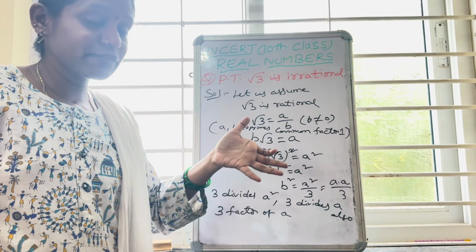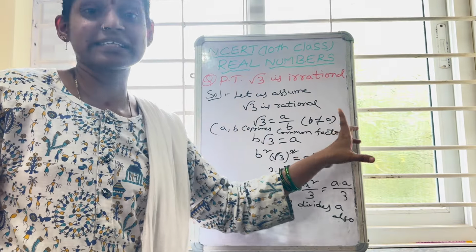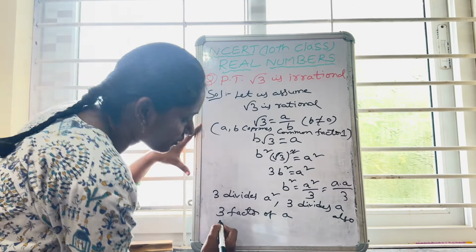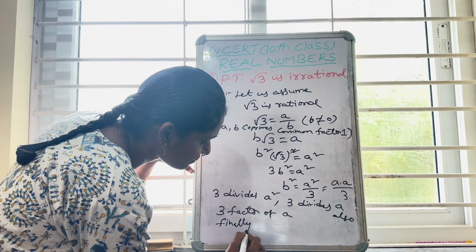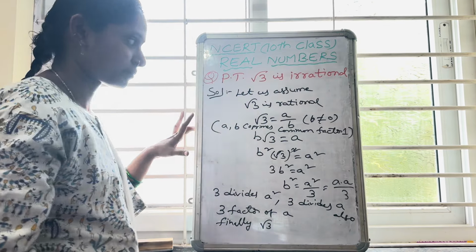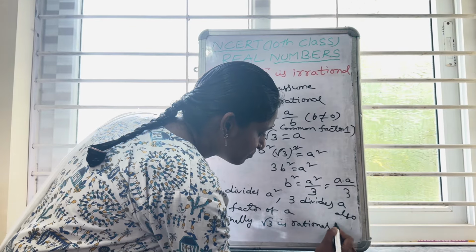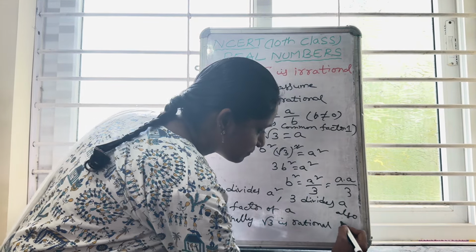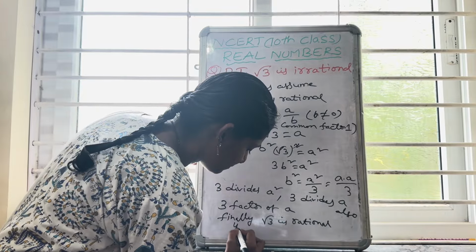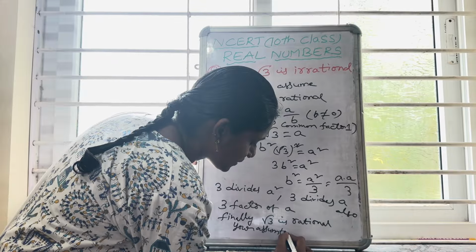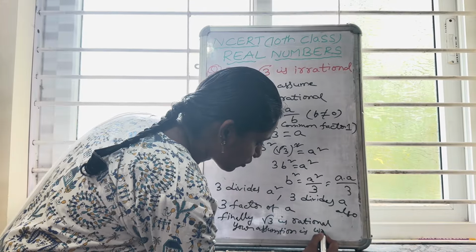So why did we get this? Our assumption that root 3 is rational is wrong. So finally, what can we conclude? Our assumption is wrong.